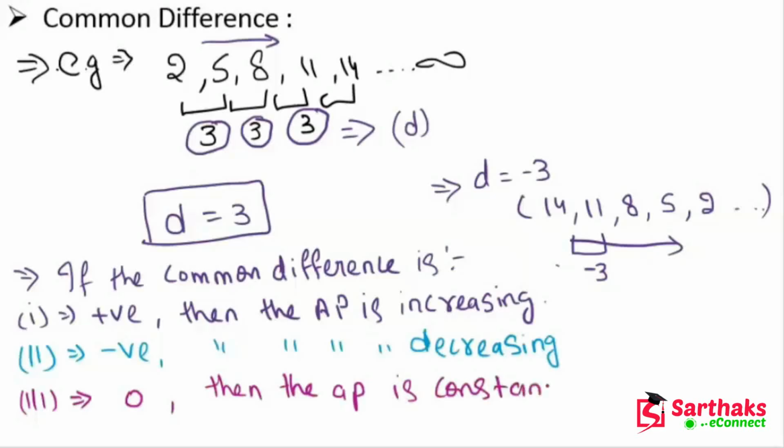I hope you get this point. So there are three conditions. If d is positive, then our AP is increasing. If d is negative, then our AP is decreasing. If d is 0, then the AP is constant. Okay, so I hope you get this point. So now let's move on.